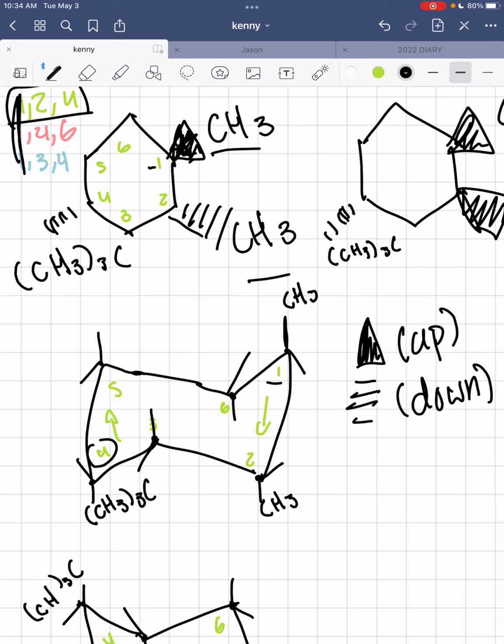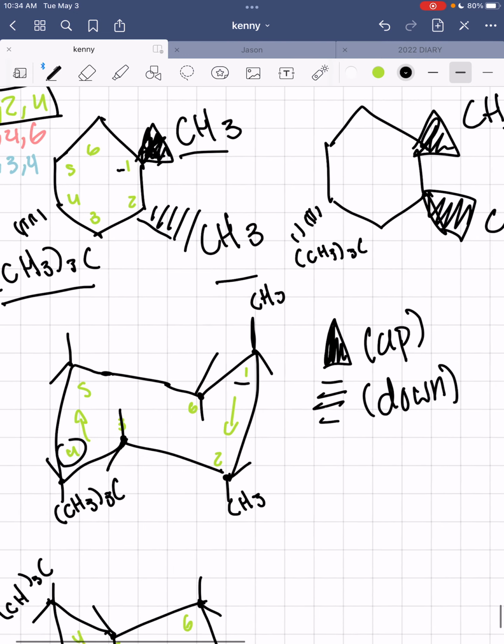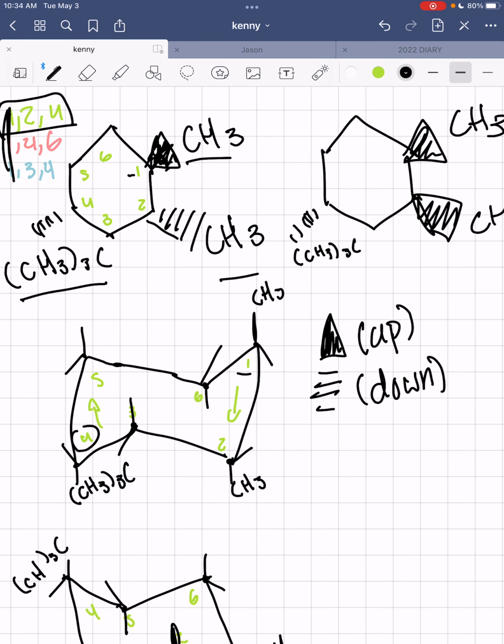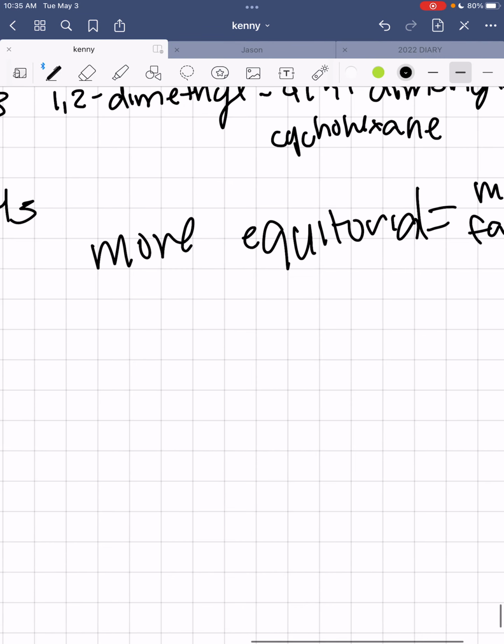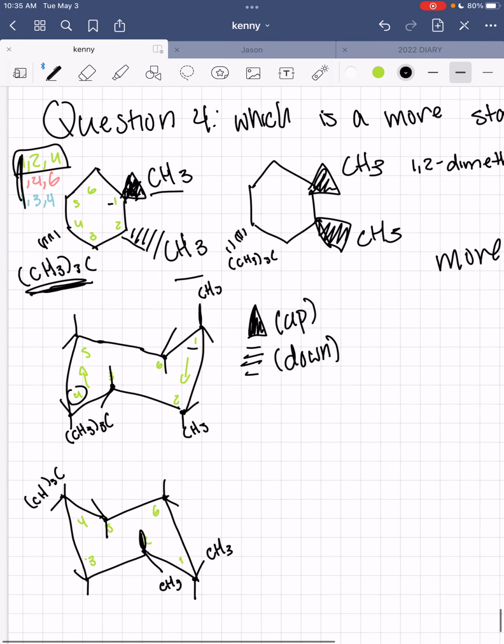So even if this bond was on an axial bond, which is a straight bond, and the other two were on equatorial bonds, it still wouldn't be that stable, because this is such a large substituent. So it's important to keep that in mind.